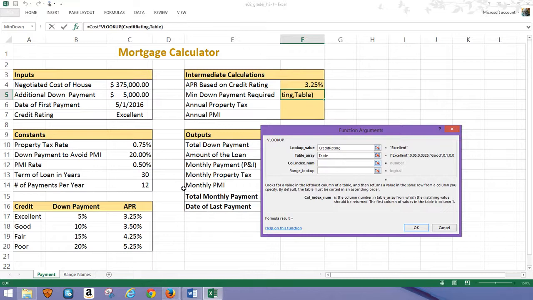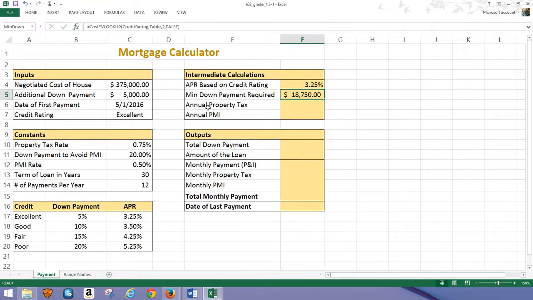But this time, I don't want the APR, I want the down payment percentage. So that's in column 2. But again, I want an exact match. And I click OK. If you multiply 5% times 375,000, you will get 18,750. So that is correct.